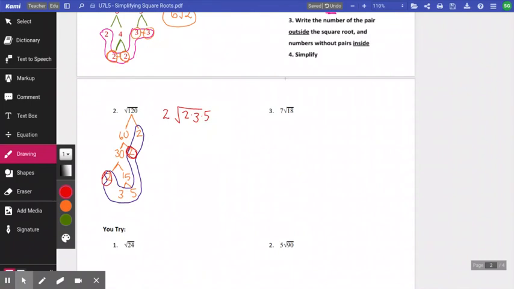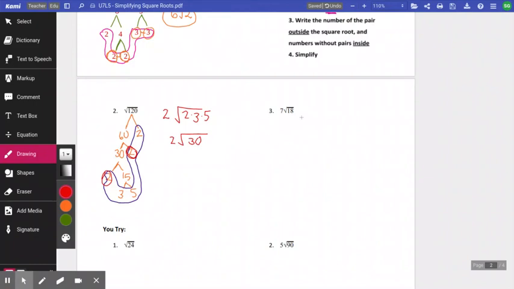To finish off, I'm just going to simplify. So we've got 2, and then the square root of 2 times 3, which is 6, 6 times 5, which is 30. So we get 2 square root of 30. That means the square root of 120 is the same thing as 2 times the square root of 30. And that is everything we can do to simplify.